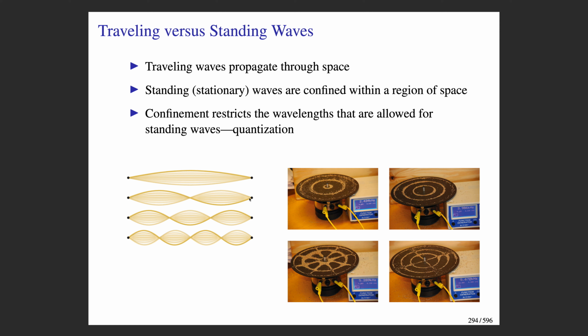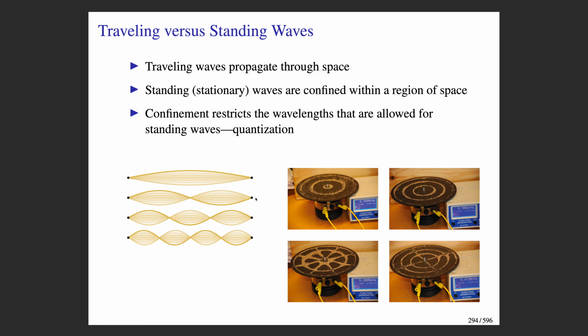This is the next shortest wave. And now for the next shortest wave, you can fit 1.5 wavelengths between the two posts. We've made the wavelength shorter, but in order for the wave to survive, you have to decrease the wavelength until you get just 1.5 cycles of the wave between the two posts.